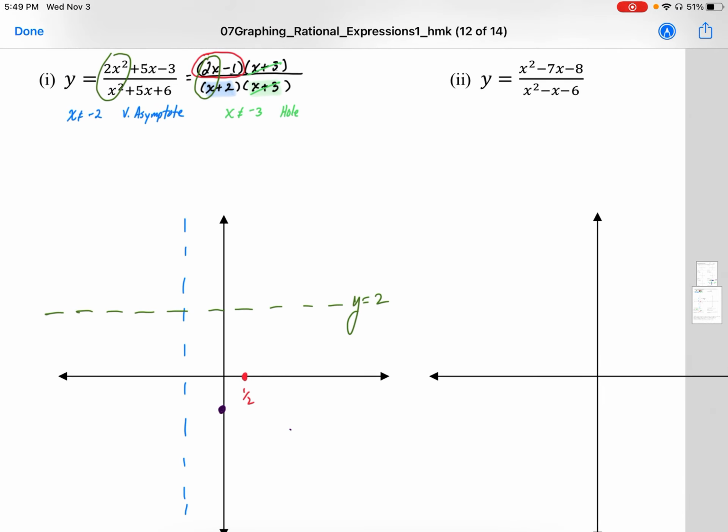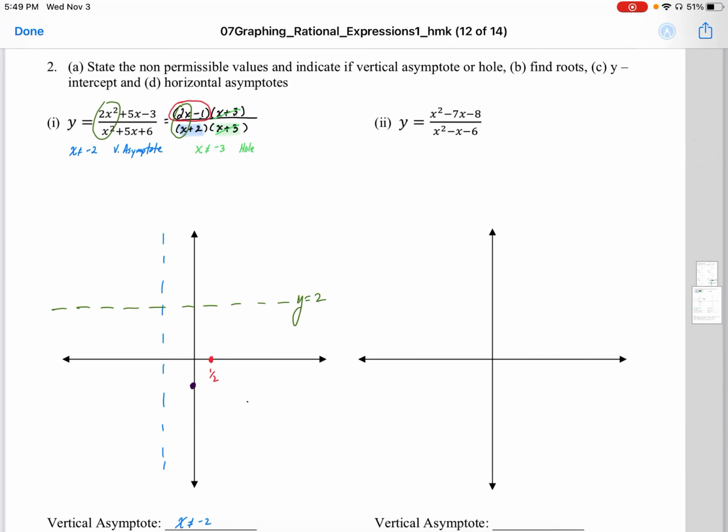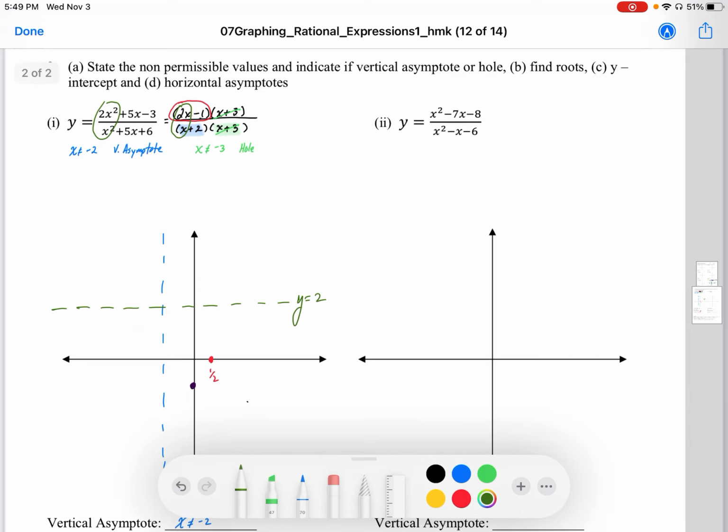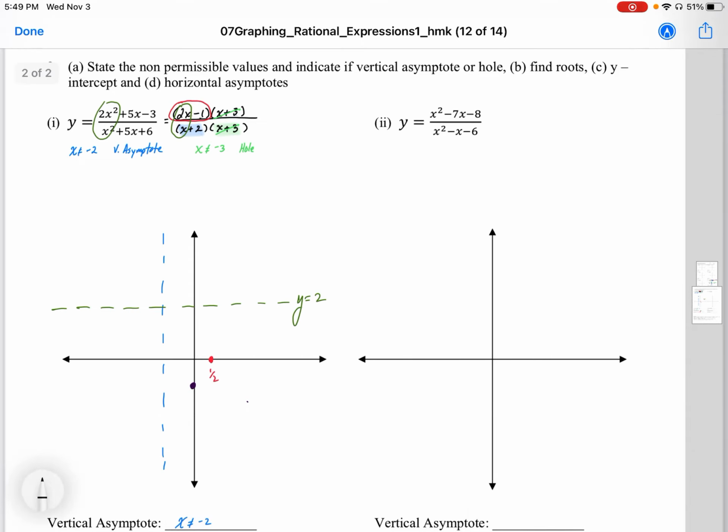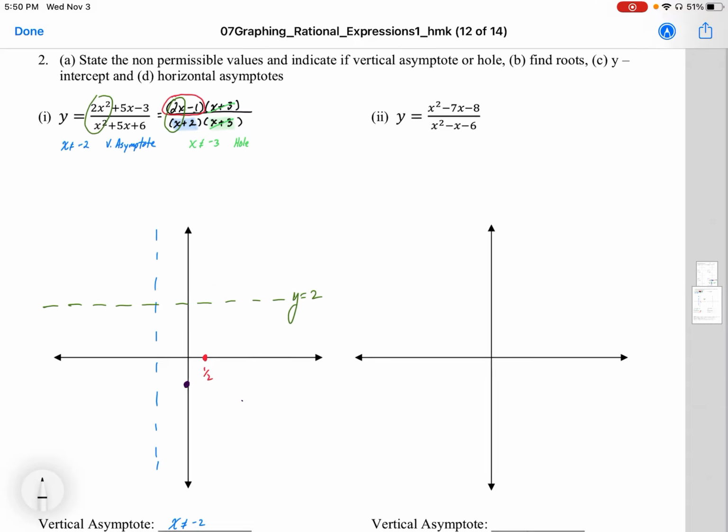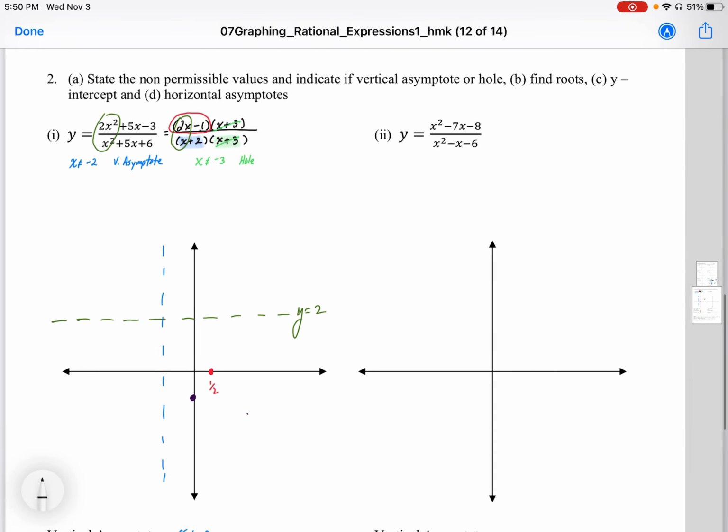I now know that this is just going to be a regular rational function. And I really encourage you to draw these so that if you're not sure what these look like, draw them. Become more familiar with these graphs. The more we look at them, the more familiar we are with these graphs, and the better we can predict what these graphs look like. So I'm just going to draw my graph in.